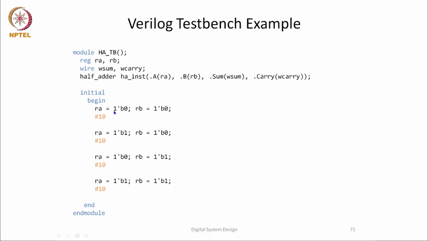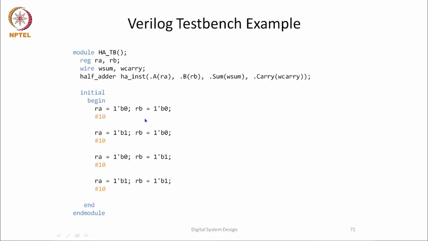Because RA is a single bit, I write 1, and dash B means it is written in binary. This is the way we write any constant input, or assign constants to any variable like reg or wire. So we have assigned 0 to RA and 0 to RB.